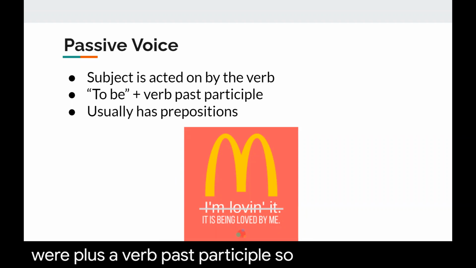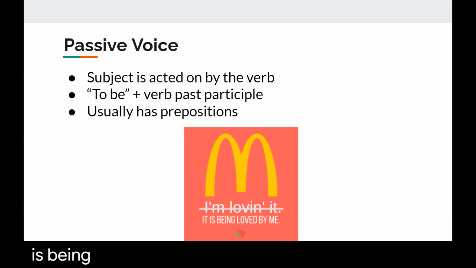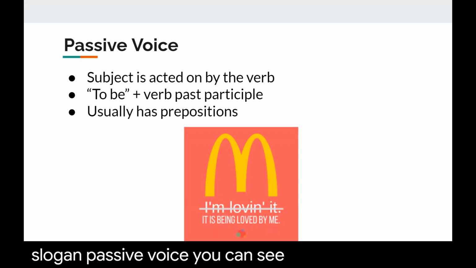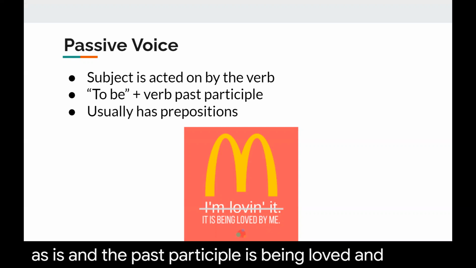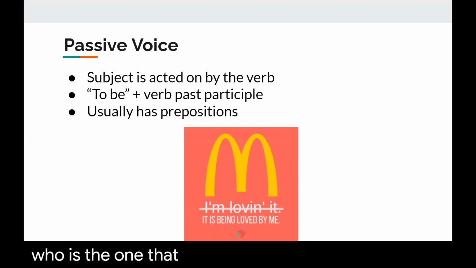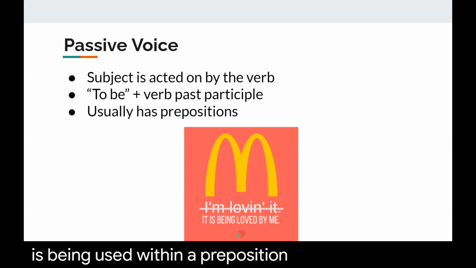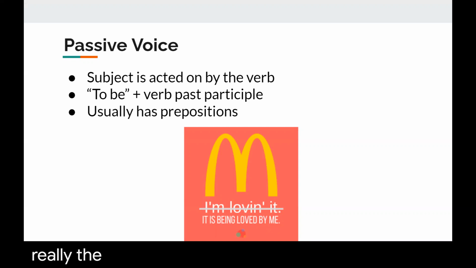So in the example of "It is being loved by me," the making of McDonald's famous slogan passive voice, you can see that we have to be as is, and the past participle is being loved. And so who is the one that is loving? It is me, which right now is being used within a preposition, and the subject is really the object.